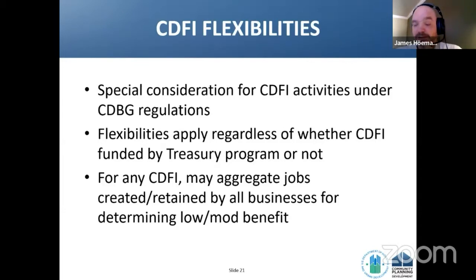I believe it is tomorrow, I may be wrong. Five days is a lot of agenda for me to remember. In that section, we'll be going over not only the waivers and alternate requirements around economic development, but you'll also have an opportunity to ask more questions about CDFIs and other ways in which you can do economic development within targeted areas. Next section.